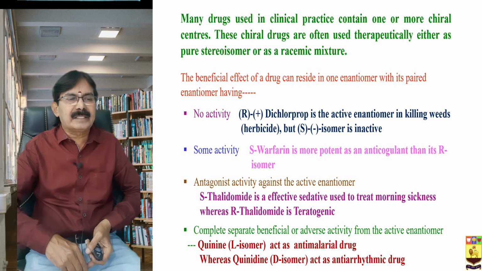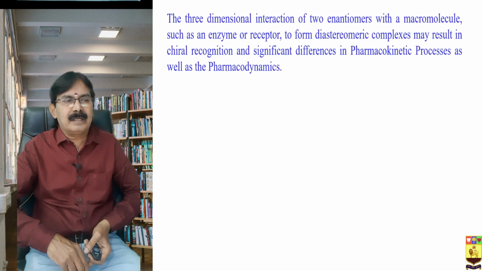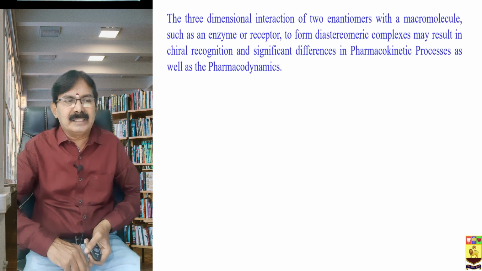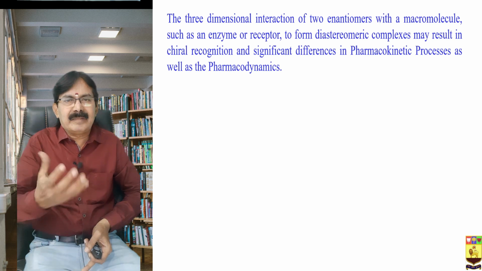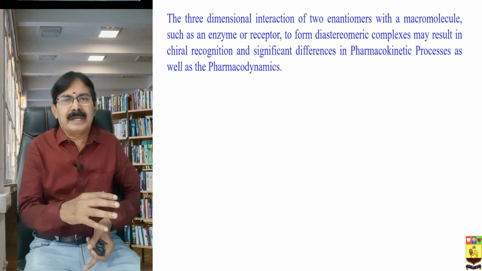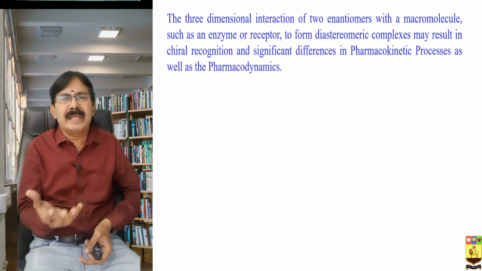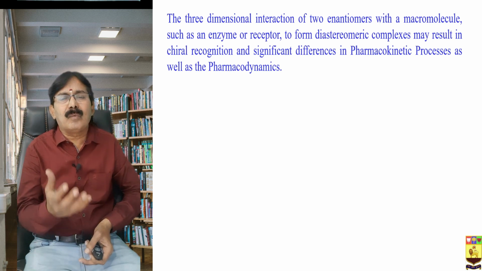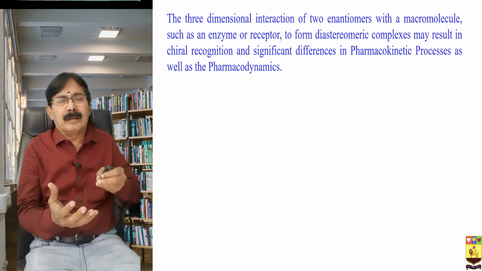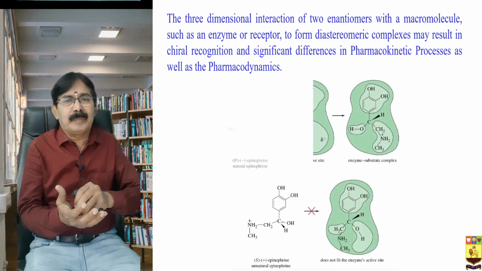So the three-dimensional interaction of two enantiomers with a macromolecule such as an enzyme or receptor to form diastereomeric complexes may result in chiral recognition and significant difference in pharmacokinetic processes as well as pharmacodynamics. If you have the enzyme and the substrate, there is a lock and key method, so only one enantiomer can fit into that particular enzyme.